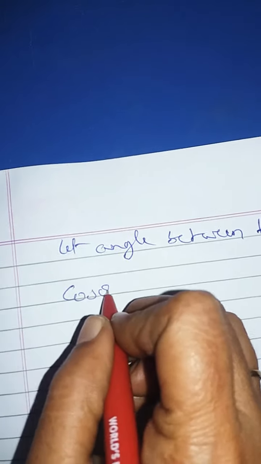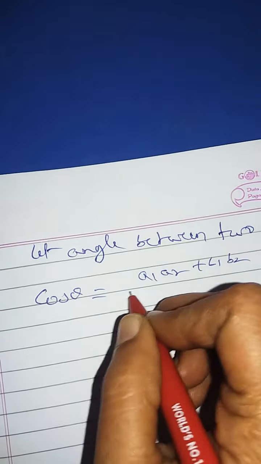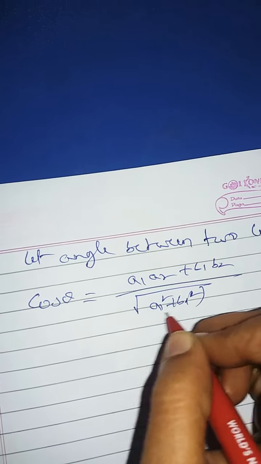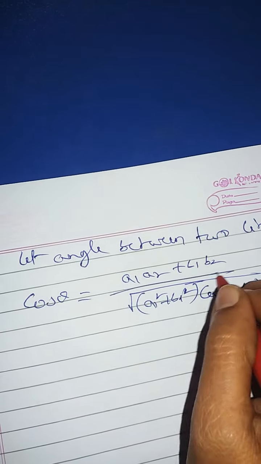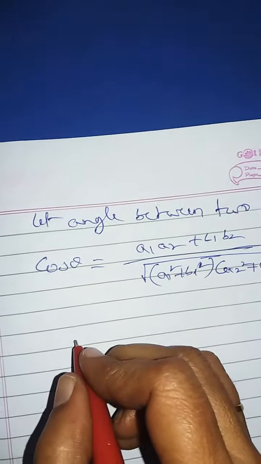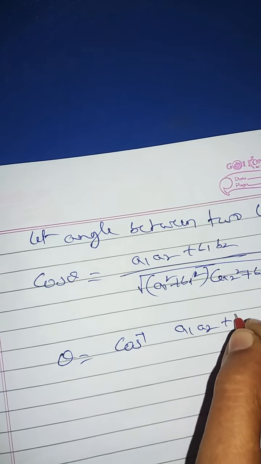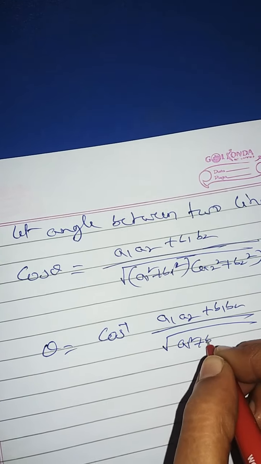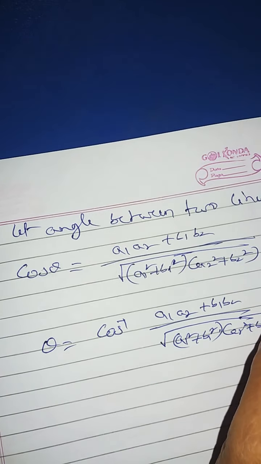Then we will get cos theta is equal to A1 A2 plus B1 B2 by square root of A1 square plus B1 square into A2 square plus B2 square. Now what is theta? Theta is equal to cos inverse of A1 A2 plus B1 B2 by root of A1 square plus B1 square into A2 square plus B2 square.